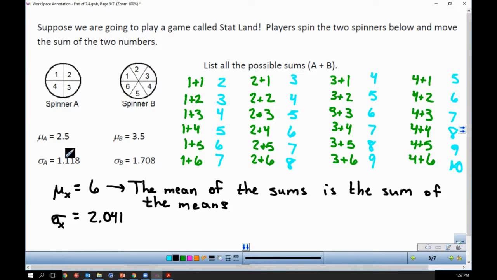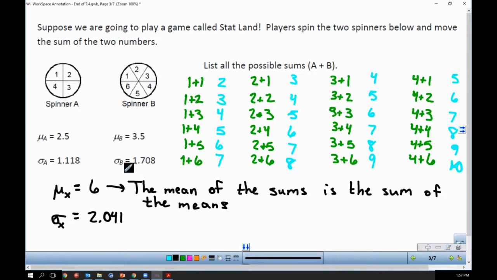What was given for means? This given mean is the mean of spinner A, and this is the standard deviation of spinner A. This is the mean of spinner B, and the standard deviation of spinner B.